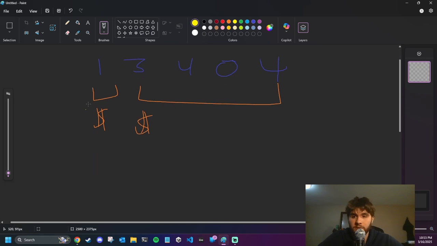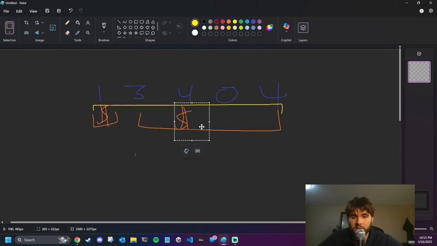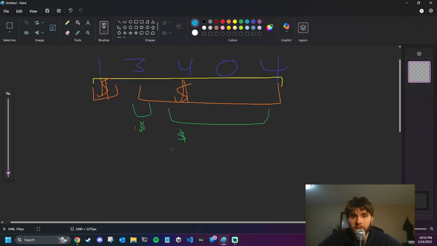Okay, so that's like the whole system. And then to figure out the max profit of the second orange part, you could say, well, that's the max profit of here plus the max profit of all of this. And then you can just kind of keep going with that logic.